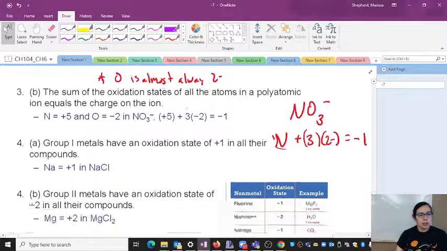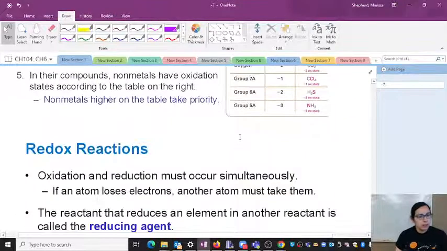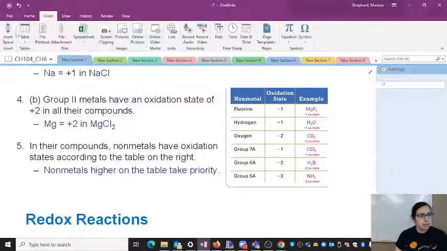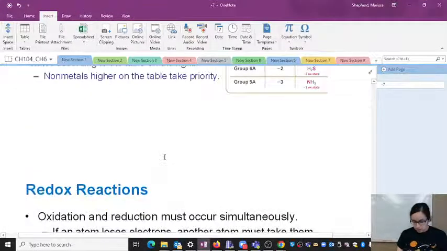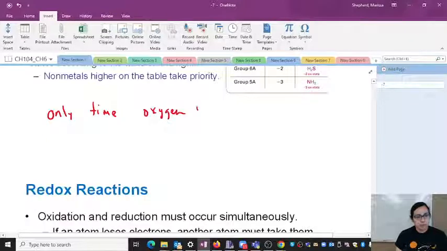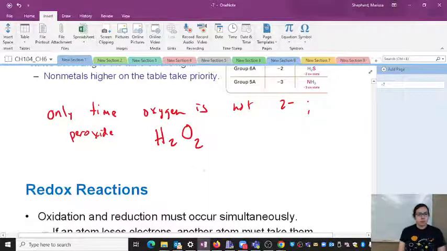And then the only time oxygen is not -2 is when it's in a peroxide. If we look at, let's just take H2O2, that's just normal hydrogen peroxide. Hydrogen is usually in the 1+ oxidation state.